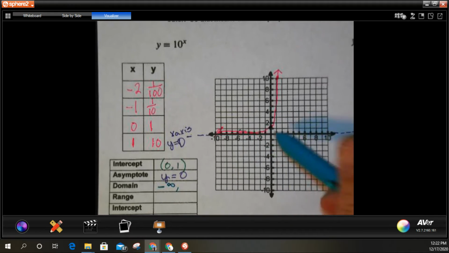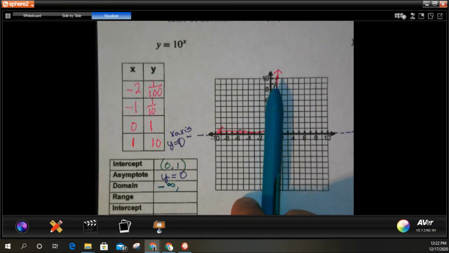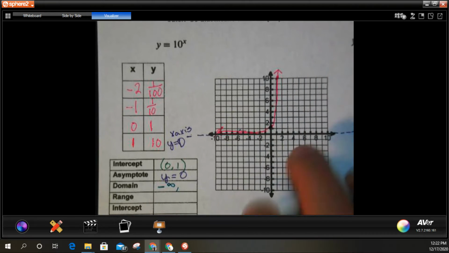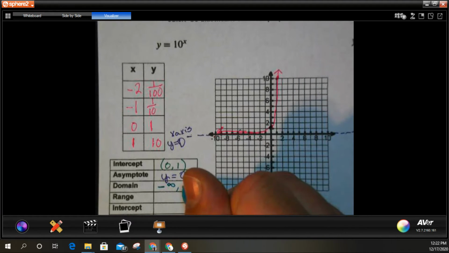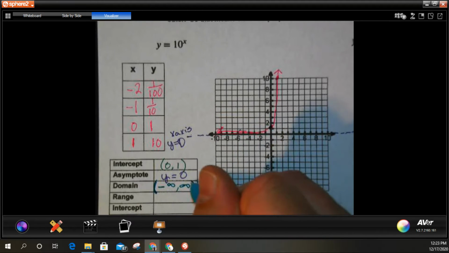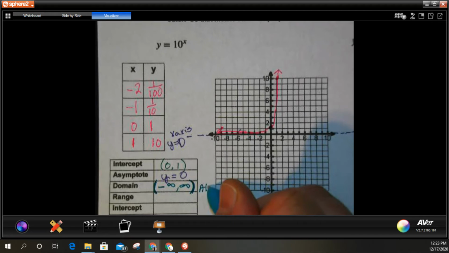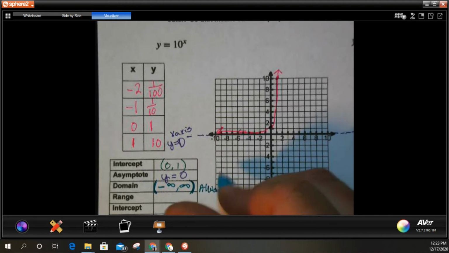As my x values go to positive infinity on my x-axis, remember, this is slightly going up here, so eventually it's going to go to positive infinity. And as we learned, this was always true for exponentials. The domain was always negative infinity to positive infinity for exponential functions.